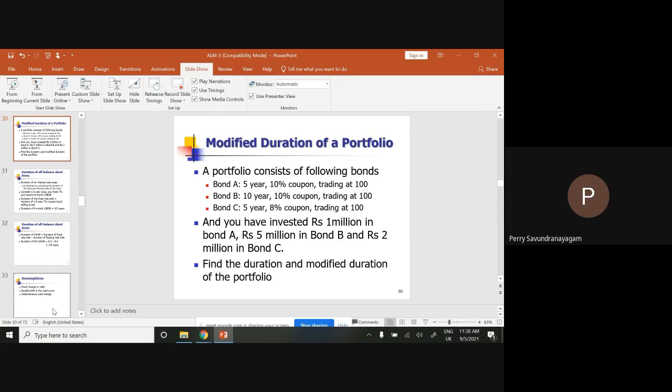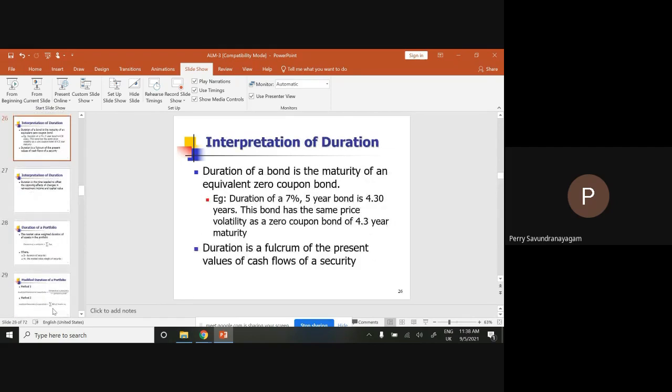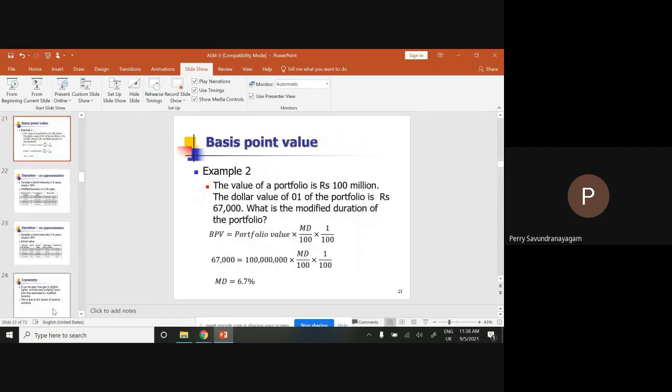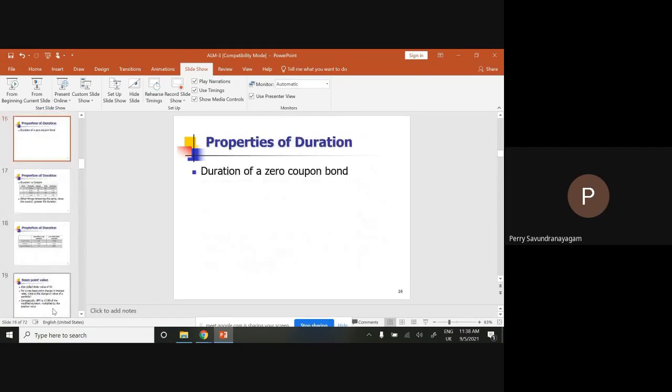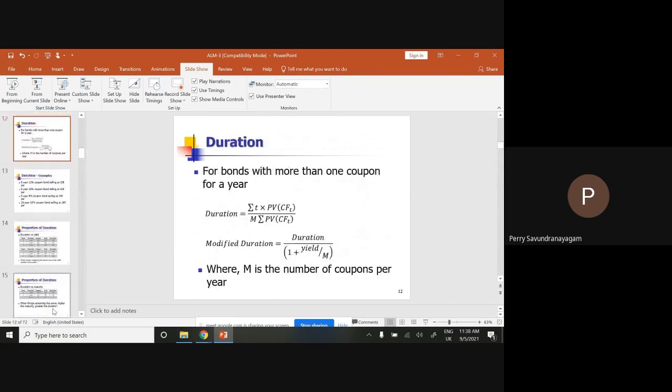Okay, so in terms of finding the duration, how would you find the duration on this? Let's go back to the formula.